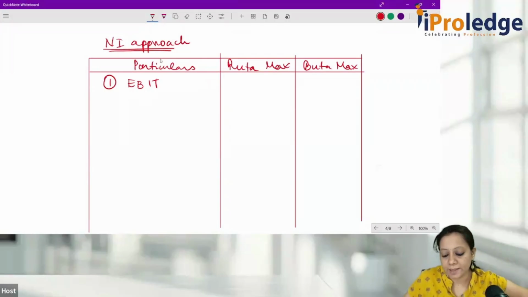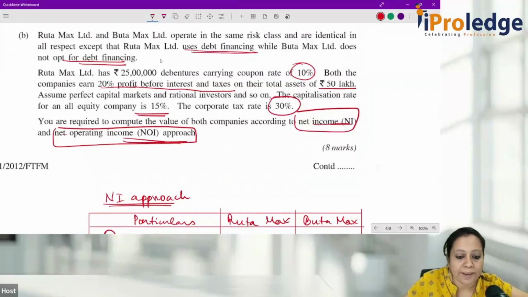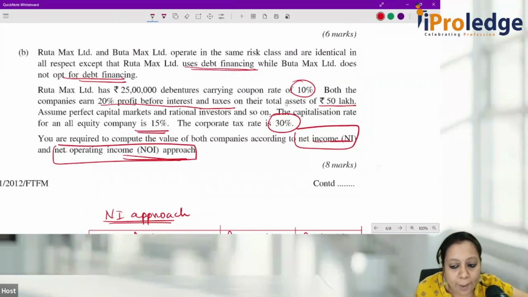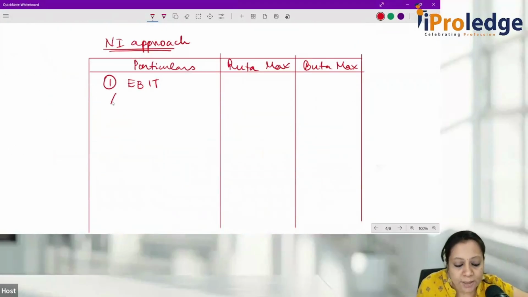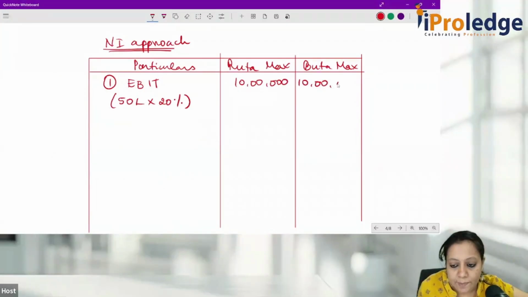EBIT is given in the question. It will be included in your PDF. Don't worry. The EBIT is 50 lakhs into 20%. That is going to be 10 lakhs. All amounts are in rupees.